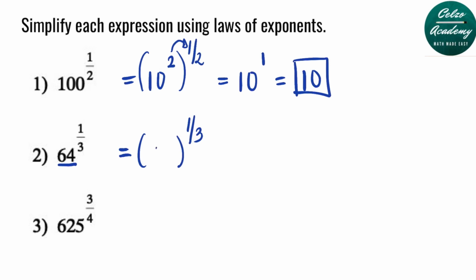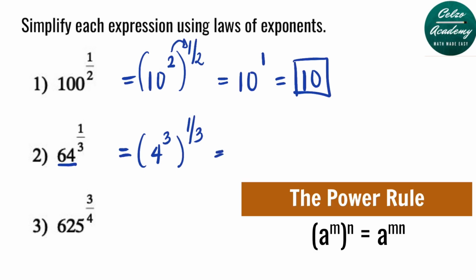Instead, we will be using 4 to the third power. 4 to the third power is also 64. So now using the power rule, we will keep the base 4 and multiply the powers 3 and 1/3. And 3 times 1/3 is also 1, so 4 to the first power is 4.